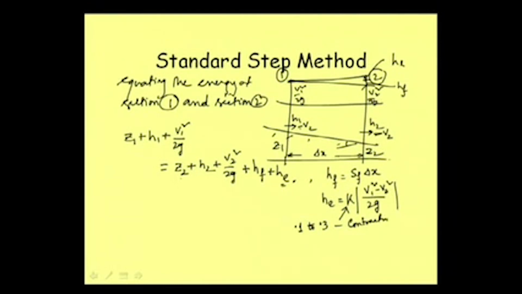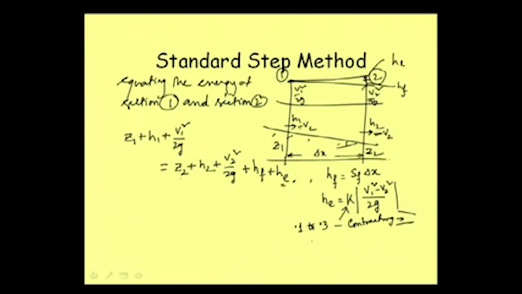If the channel is contracting in the downstream direction, like this, with flow going like that, then we can use this value between 0.1 to 0.3. Of course, whether it should be 0.1 or 0.3 will depend on your experience, but anyway we can take in between.